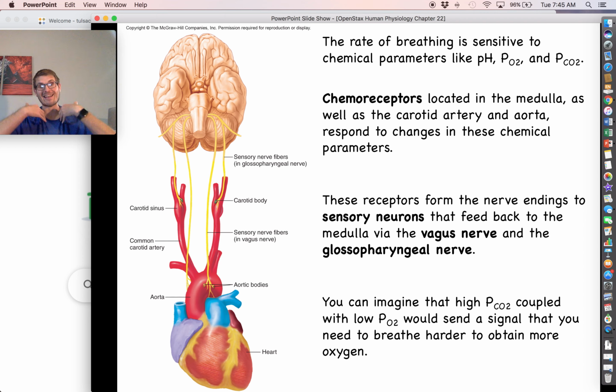As a consequence, if you're not breathing enough, you're not getting enough carbon dioxide out, so that might cause your PCO2 to be a little bit high. So just for those 2, you can hopefully picture how one being high and the other being low can act as a trigger telling you to either breathe more or breathe less, depending on which is high and which is low.